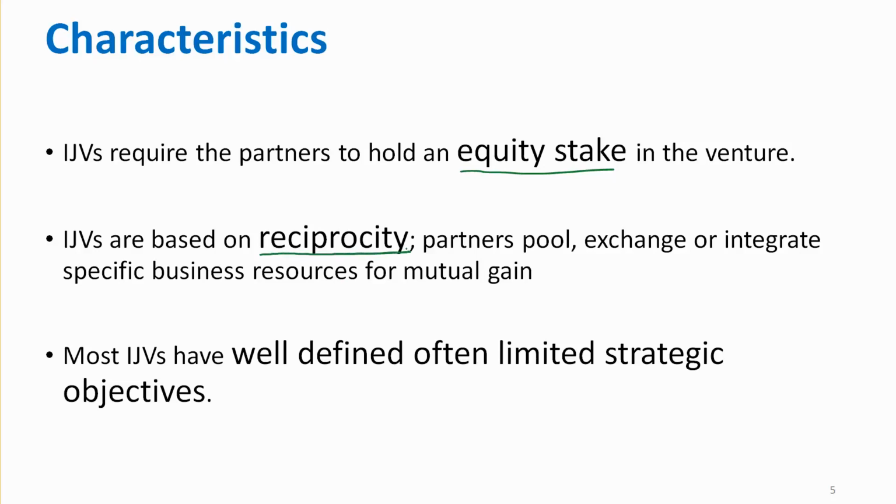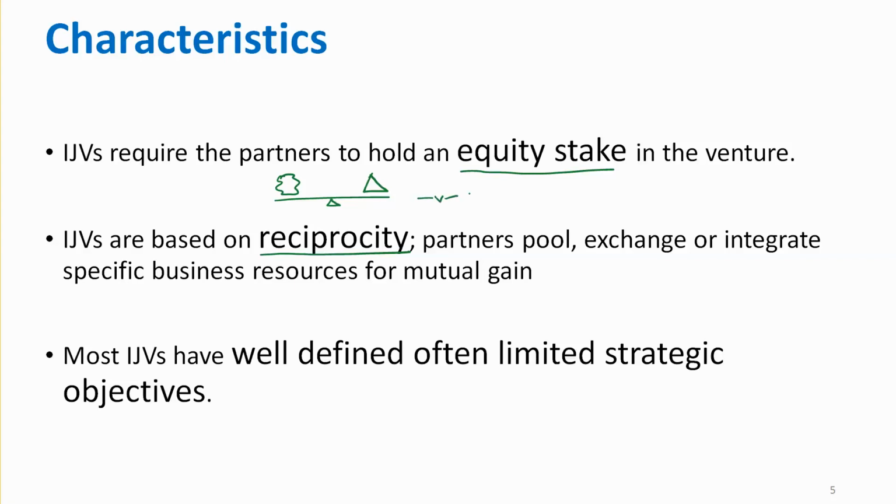There should be reciprocity, and in particular, balanced reciprocity. So whatever one partner brings in should be balanced by what the other does. There has to be a sense that both are bringing resources, capabilities, or whatever it may be, into the relationship.